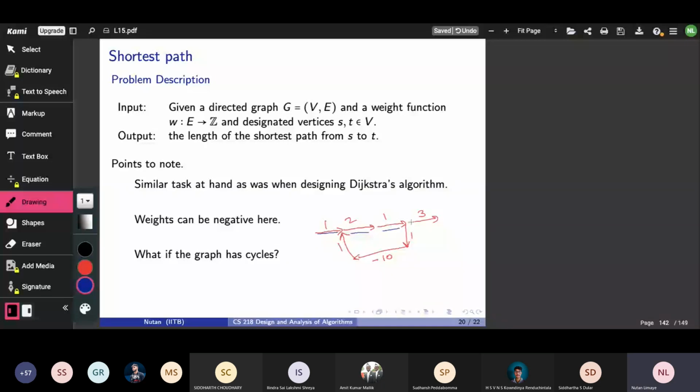Sorry, I'm saying something wrong, but I hope you understand what I'm trying to say. Let me repeat it. If I take this direct path, then it costs me around 7. But instead, if I go via this cycle, then I add this part twice. Because I go like this, then I come down like this, and I go like this.